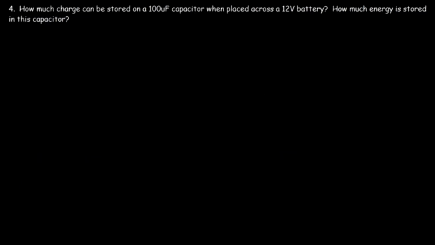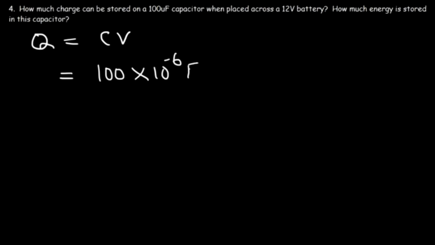Number 4. How much charge can be stored on a 100 microfarad capacitor when placed across a 12-volt battery? To calculate the charge, Q is equal to CV. The capacitance C is 100 microfarads, so that's 100 times 10 to the minus 6 farads.